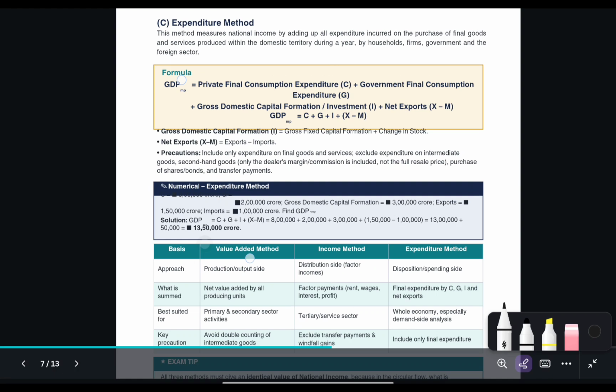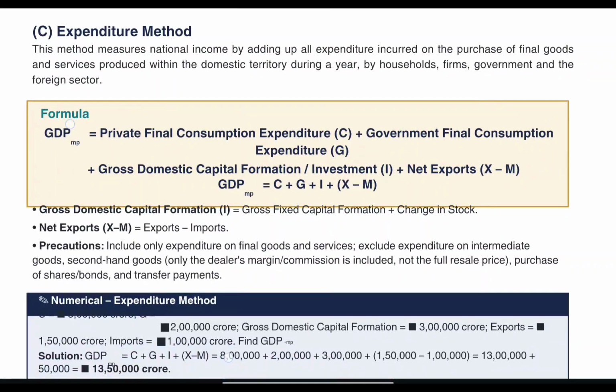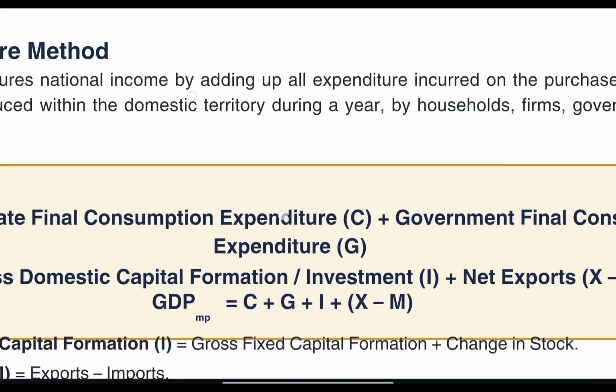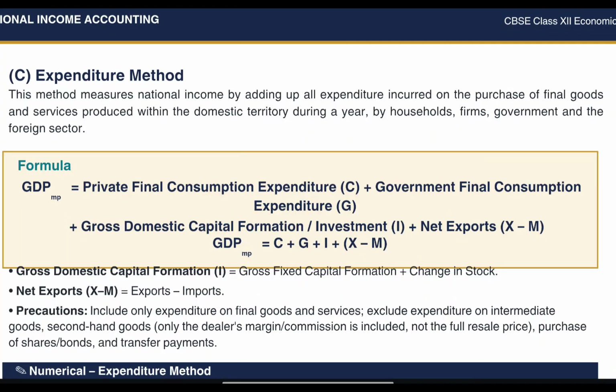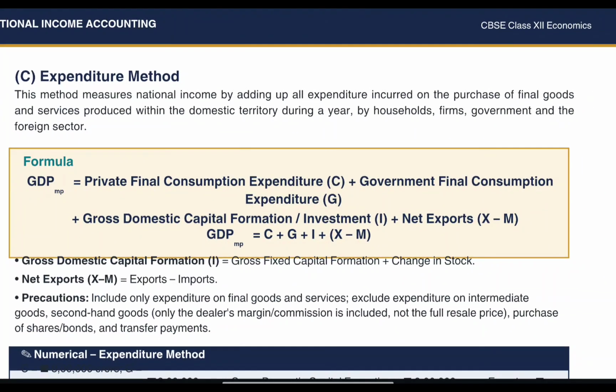We have done our two methods, and our last method is the expenditure method. As its name suggests, we will sum up all expenditures in this method. This method measures national income by adding up all expenditure incurred on purchase of final goods and services produced within a domestic territory during the year, by households, by firms, by government or any foreign sector.